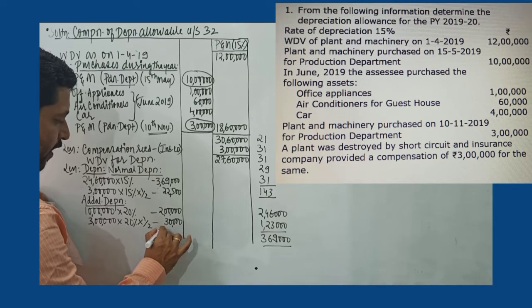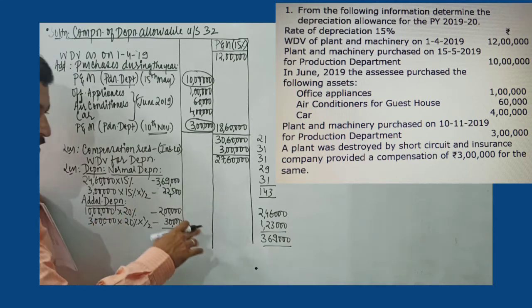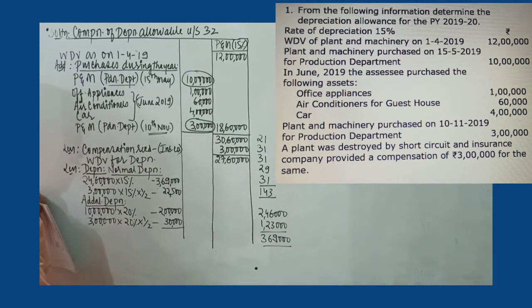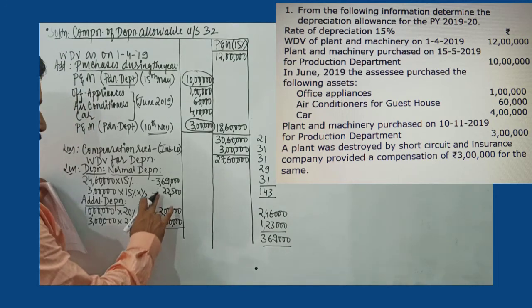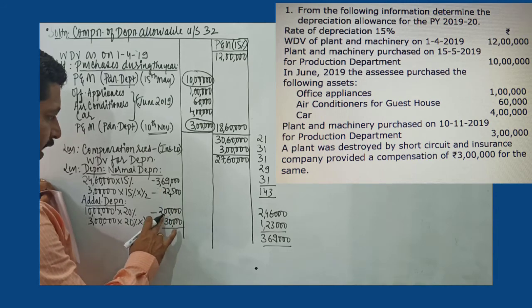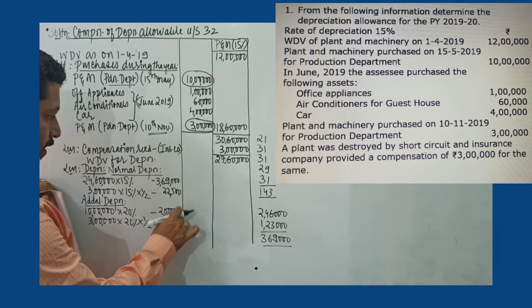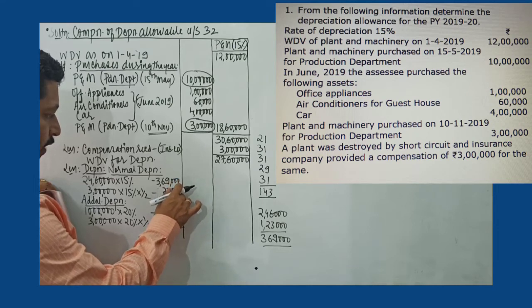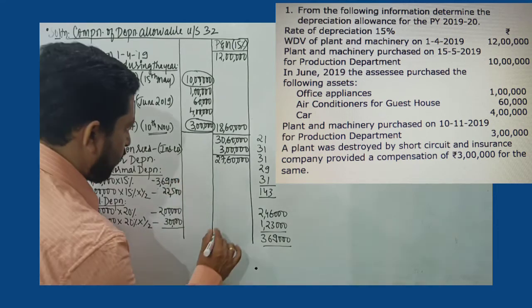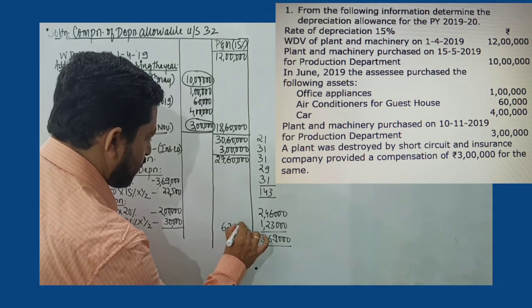And remember, as I have mentioned in the earlier session also, the remaining half depreciation can be claimed as deduction in the subsequent year. So total depreciation on plant and machinery would be 3 lakh, 5 lakh, 5 lakh 60, 5 lakh 80, 6 lakh 10, 6 lakh 19, 20, 21, 6 lakh 21,500.